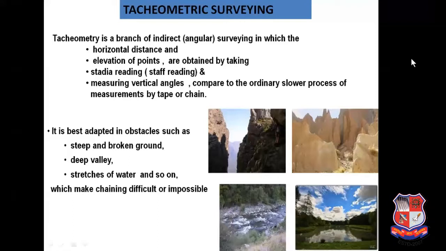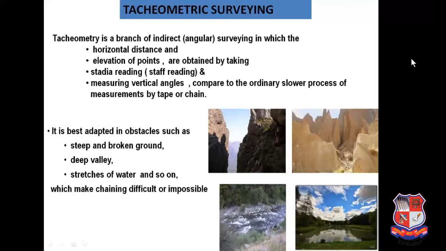But here in case of tachyometric surveying, we have to measure the staff readings in the field, we have to measure the vertical angles in the field, and that observed measurements are inserted into the tachyometric formula to get the horizontal distance between the instrument station and the object and elevation of any point.